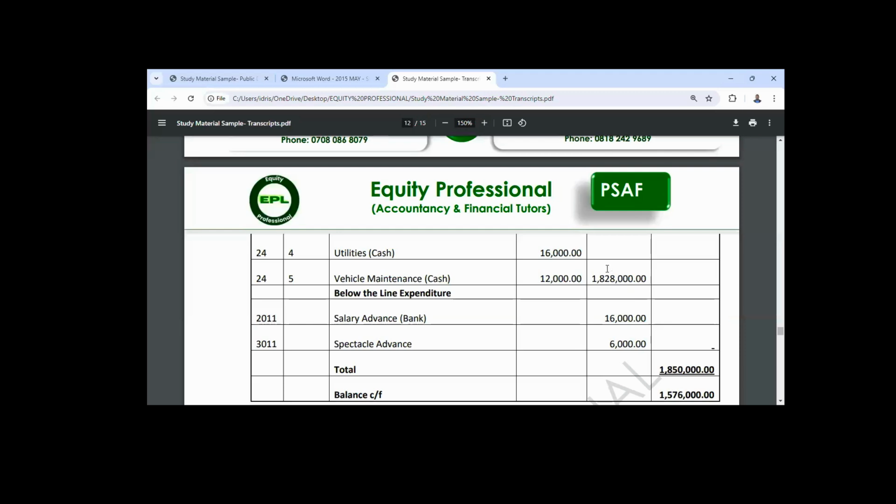At the end of the day, you sum your subtotal. When you sum your subtotal together, you are going to get 1,850,000. That means your total expenditure is 1,850,000.